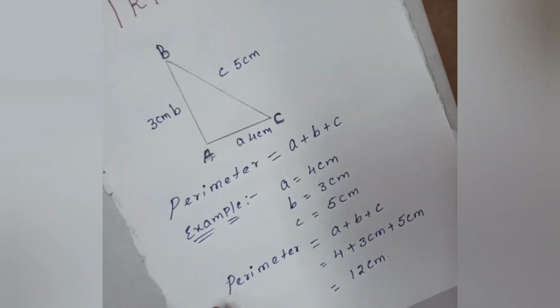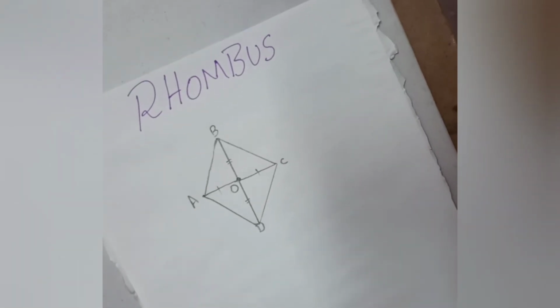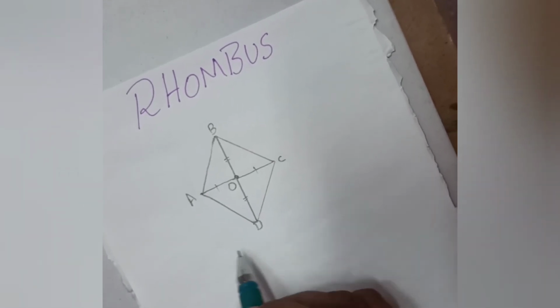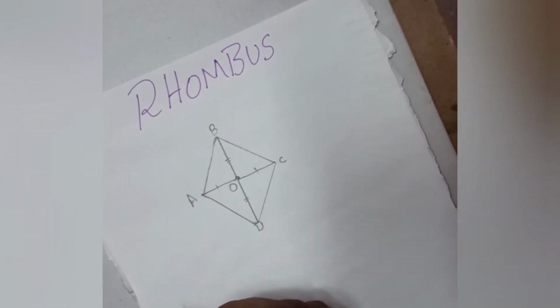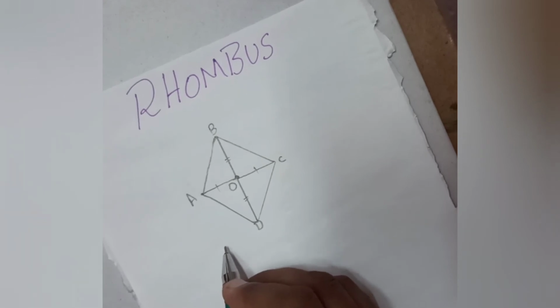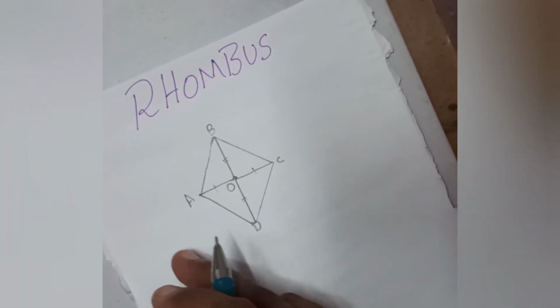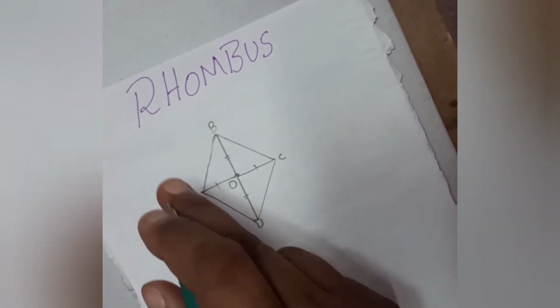Clear? Next we discuss the rhombus. Now we are going to discuss the rhombus perimeter. According to the properties of a rhombus, all sides are equal. So we know that if we want the perimeter of a particular shape, we combine all the sides of this shape.